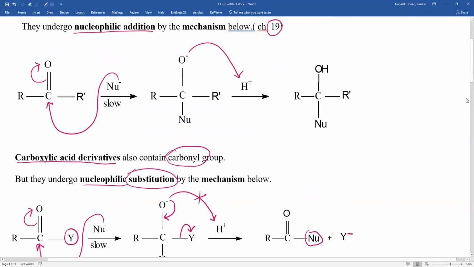We have to explain why aldehydes undergo addition while carboxylic acid derivatives undergo substitution. The reason is pretty simple. If it is a ketone, R prime is an alkyl group. If it is an aldehyde, it is a hydrogen. These are not leaving groups.